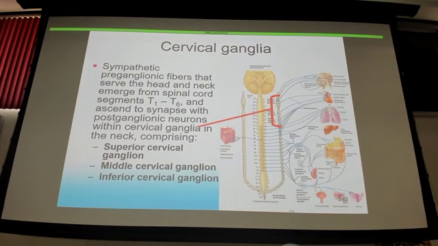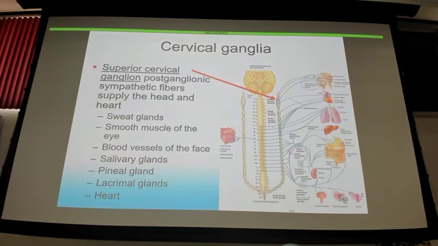So if we looked at these, what it's saying is T1, T2, these fibers generally will go in and go up in the trunk. And there's three cervical ganglia. There's superior cervical, middle cervical, and inferior cervical. I'll show you how to remember them a little bit easier.